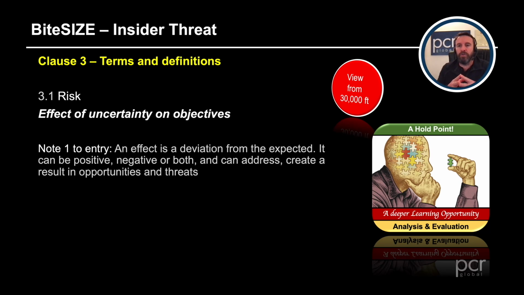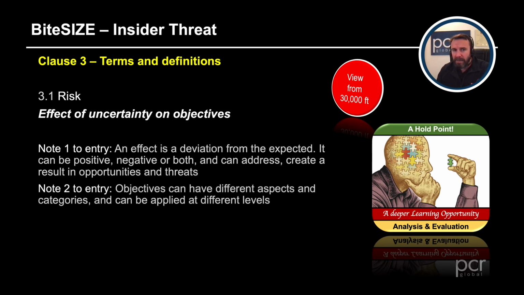What are the objectives of your department? What are the objectives of the task that you're doing? If an effect is a deviation from that path, which could be positive or negative, it could result in opportunities and threats. But we've got to know exactly what we're doing first, and then if we deviate, is it positive, is it negative? So I like that note 1.